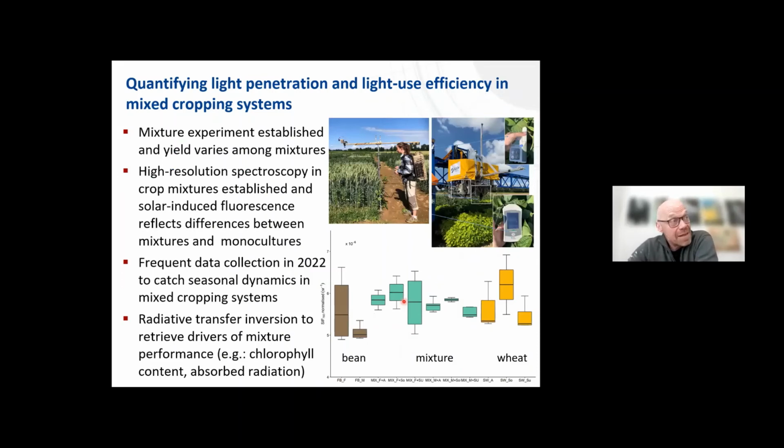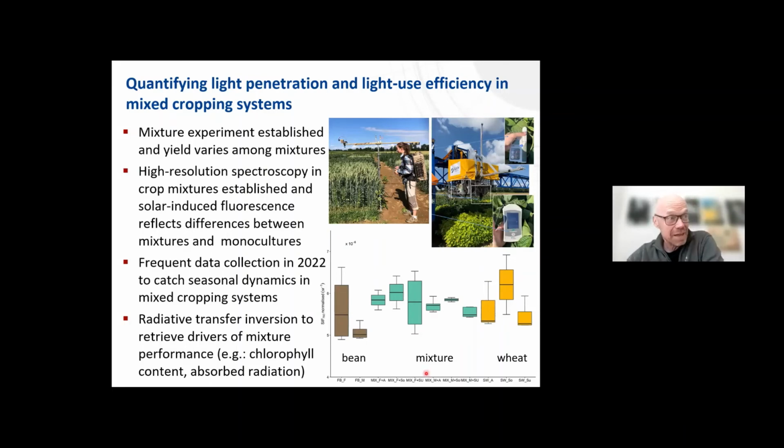Some first results. It's a PhD project which started a little bit later, but nevertheless, we are at the moment at the point where the methods are established. So we know what traits have to be measured on the leaf, what traits have to be measured on top of the canopy. And we are also quick enough to carry our instruments around, either manually or by machinery, to achieve the needed throughput.